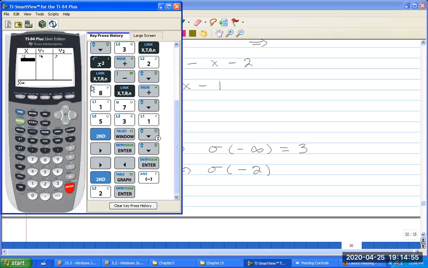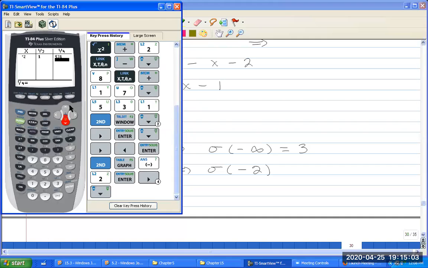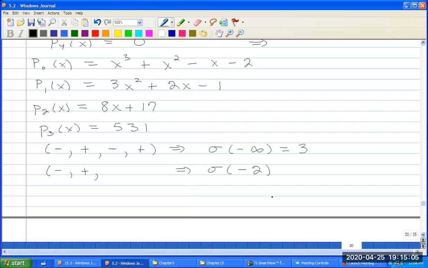Let's go back to this guy, scroll over some more. That's a positive, positive, positive, positive. Oh, it did change, positive, positive. So there's one root between, okay, so one sign change. So there's one sign change, okay.